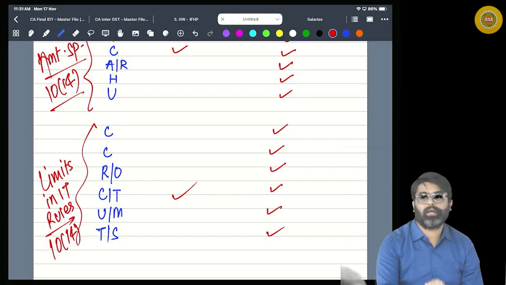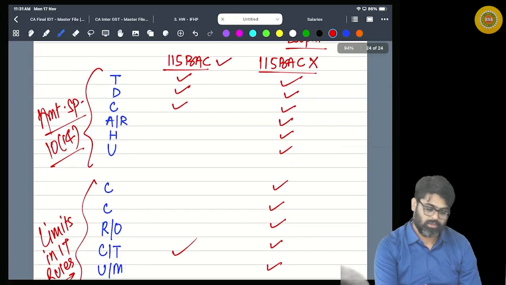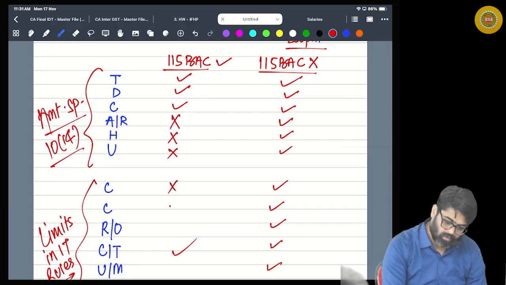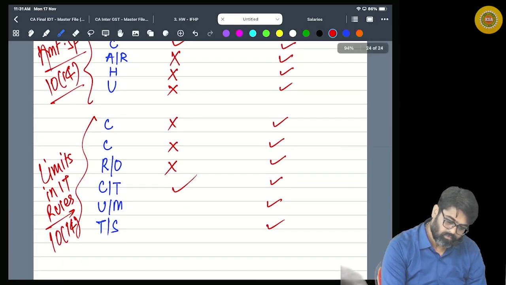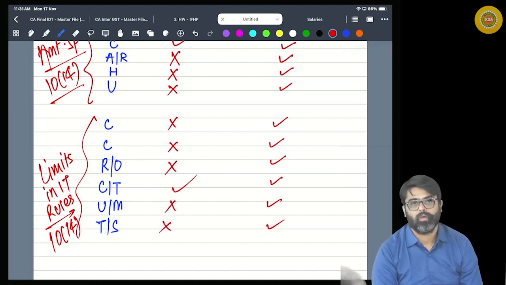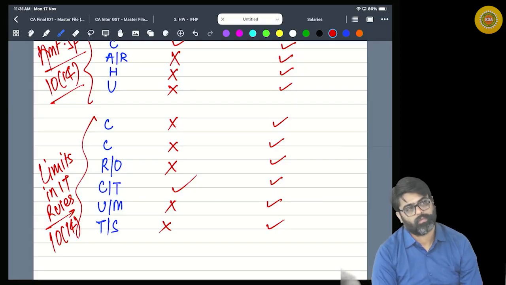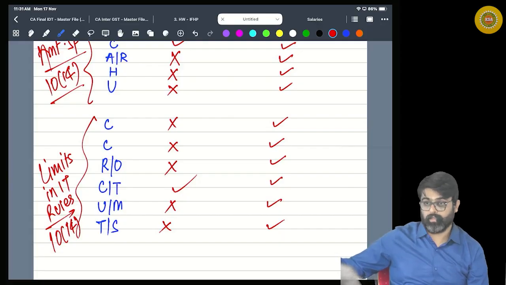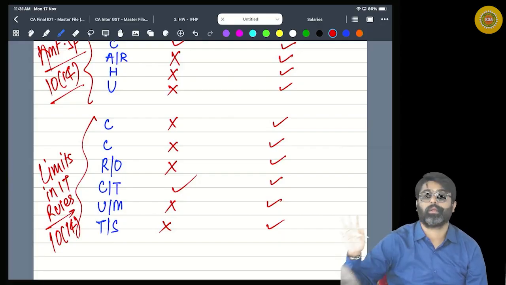But for all other allowances, exemption will be gone. Meaning, are you going to get any exemption for these allowances? No. If you follow 115BAC, exemption will be lost. Sure? You have to remember this. Don't commit a mistake over here.